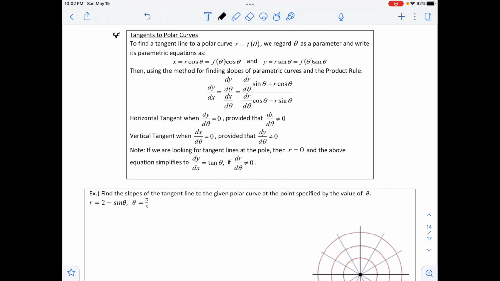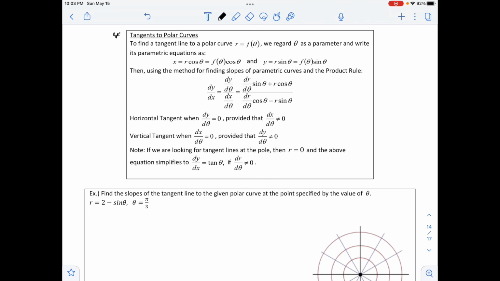Then, using the methods for finding slopes of parametric curves and the product rule, we have dy/dx equals dy/d theta over dx/d theta, or dr/d theta sine theta plus r cosine theta, using that product rule, over dr/d theta cosine theta minus r sine theta.